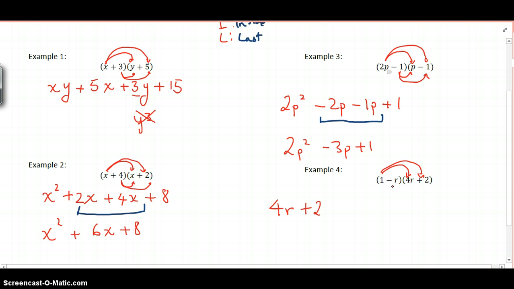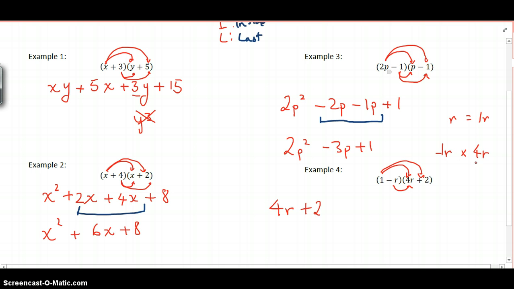Now what are the two inside terms? What is minus r times 4r? I'm just going to write it here on the side, just so that we can visualize what's going on. Minus r times 4r. So what is minus, well, let's just write minus 1. Minus 1 times 4, because remember r is the same as saying 1r, so that's where I got the 1 from.